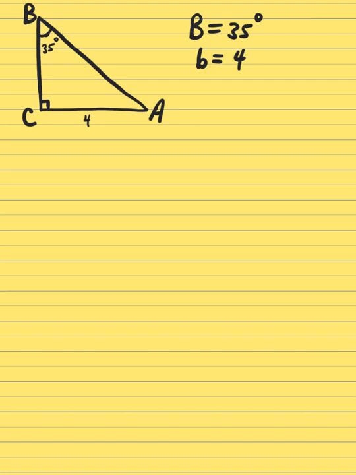The sum of all 3 angles of a triangle is 180. So if we take angle A plus angle B plus angle C, that's got to equal 180.